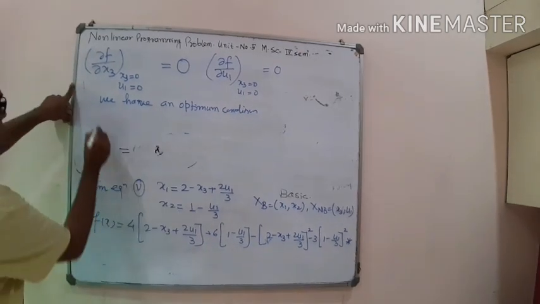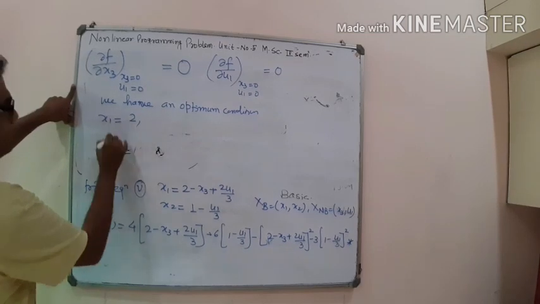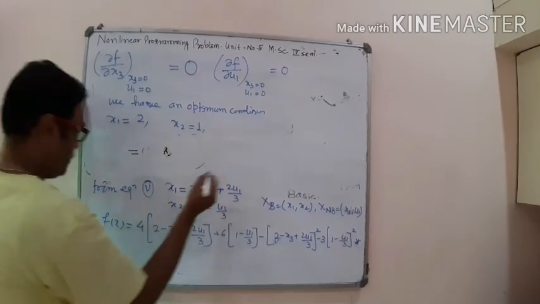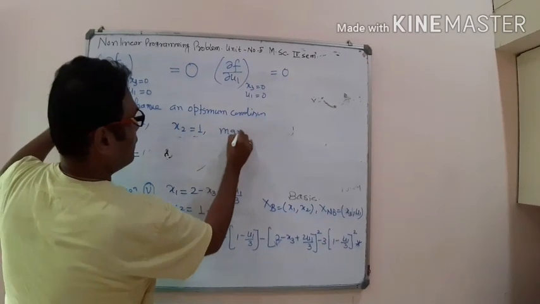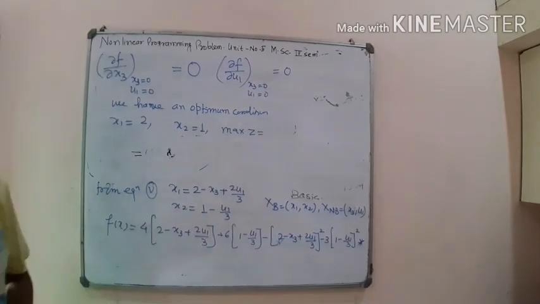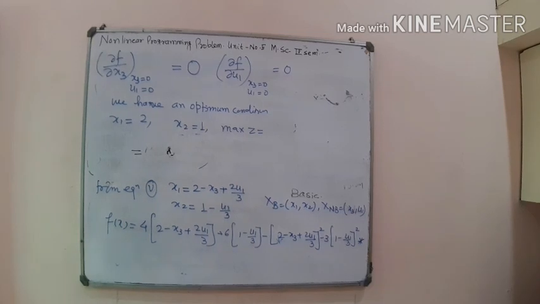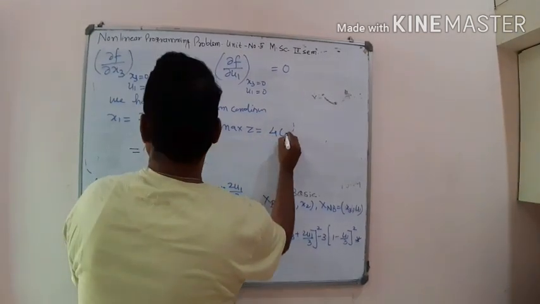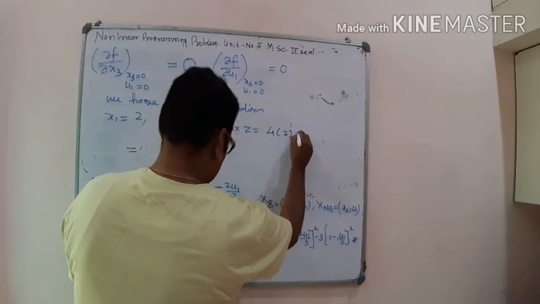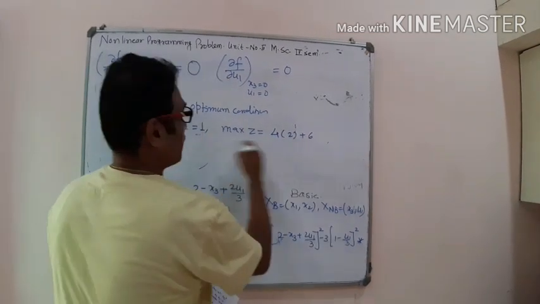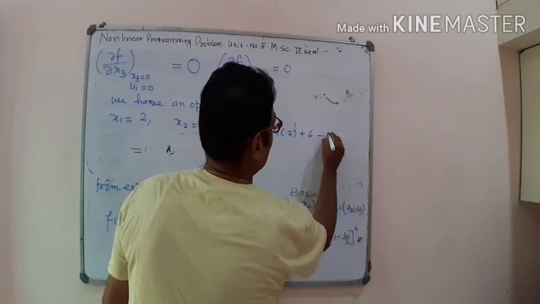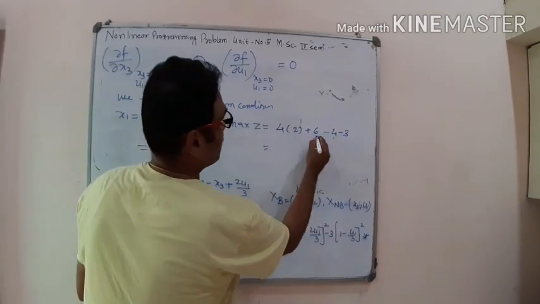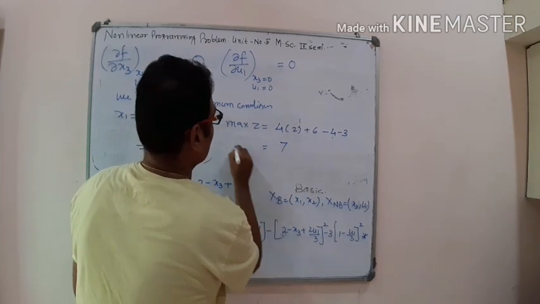So we compute the value of x1 is 2, x2 is 1, and the maximization of z becomes 4 into x1, which is 2, plus 6 into x2, which is 1, minus 4 minus 3, so it becomes 8 plus 6, 14, minus 7.